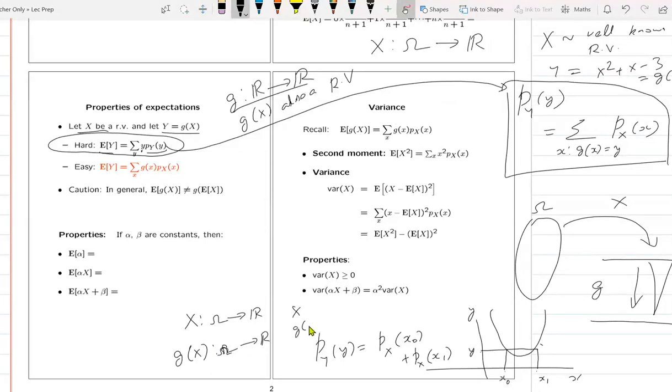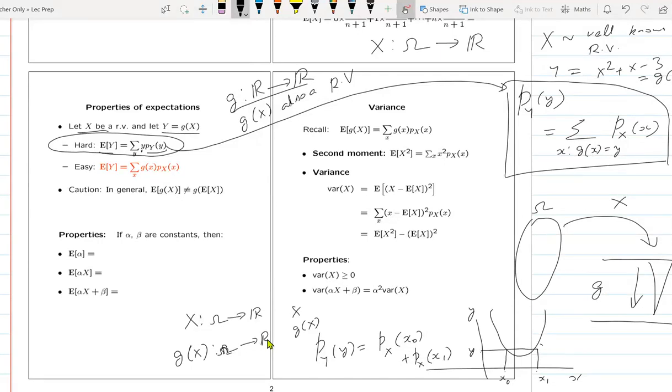This function is called G of X. So G of X is a random variable. That's what I have written here. Obviously, G of X is a function from sample space to real numbers. That everybody knows.